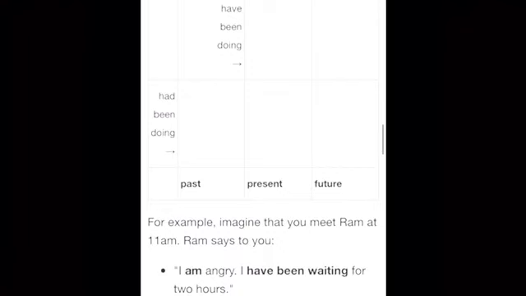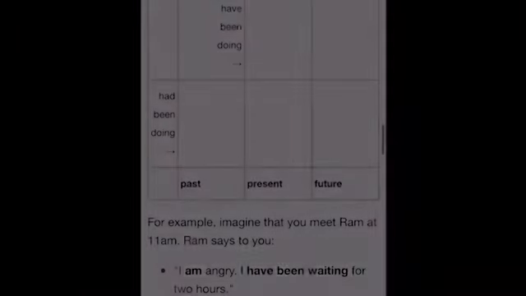I have been waiting for 2 hours. So got it? Now here you are thinking of the past perfect continuous tense like the present perfect continuous tense, but instead of the time being now, the time is before. Why? Because Ram says here that I have been waiting for 2 hours. Got it?